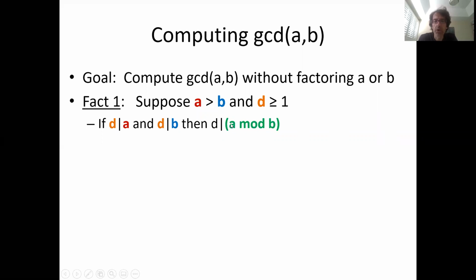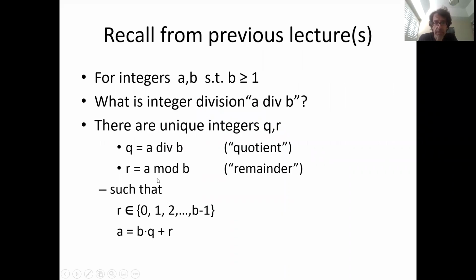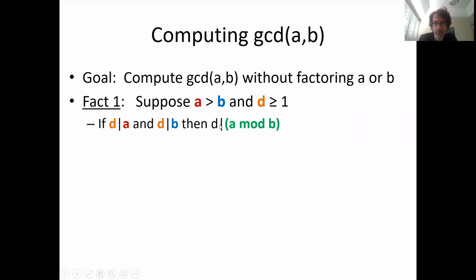In other words, of a modular reduction of a divided by b. Again, what is a mod b? It's the remainder of the integer division of a divided by b. So that's this remainder here.